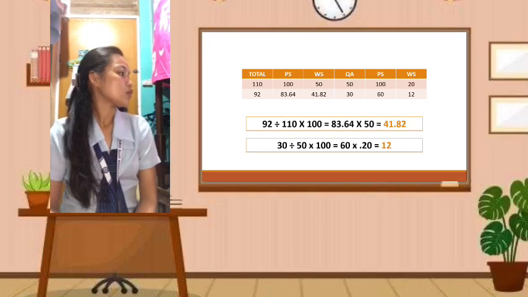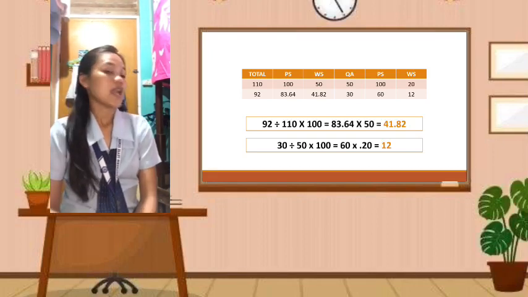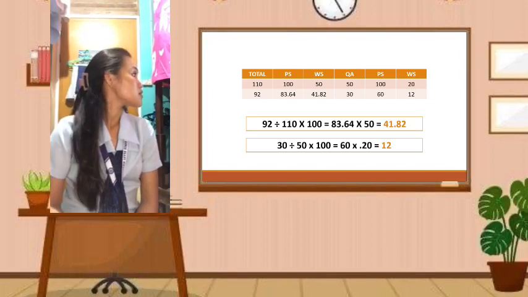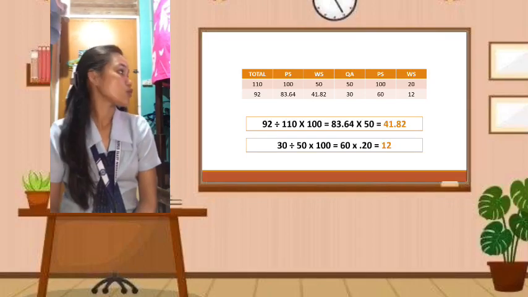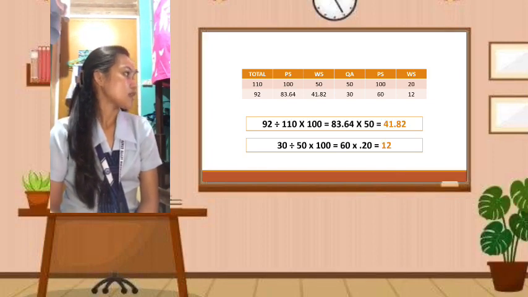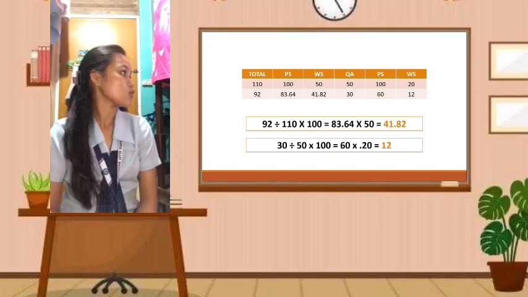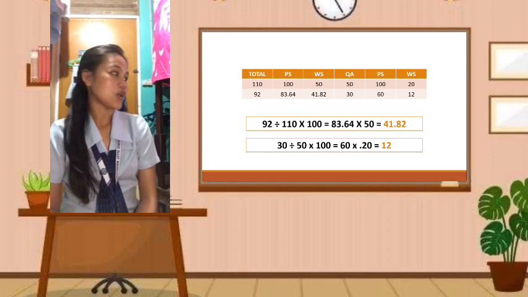So 92 divided by 110 times 100 is equivalent to 83.64 for the PS. And to get the weighted score, we multiply it by 50. So 83.64 times 50 is equivalent to 41.82 to get the weighted score.